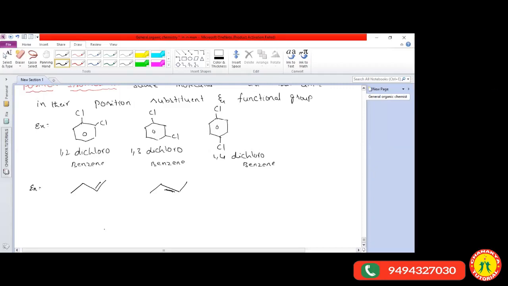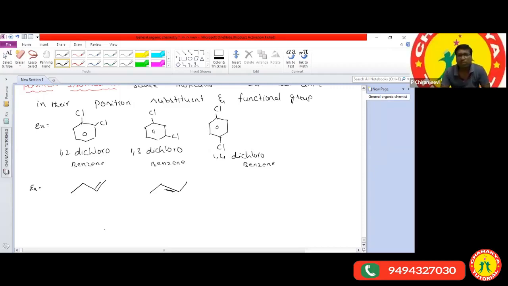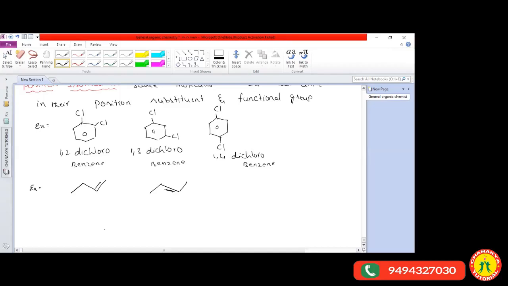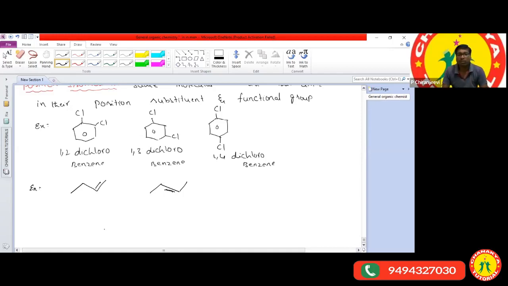Yes, sir. How are you telling that these two are positional isomers? What's the difference? They differ in the position of the double bond. Very good answer. Both have the same molecular formula, but the difference is the position of the double bond.